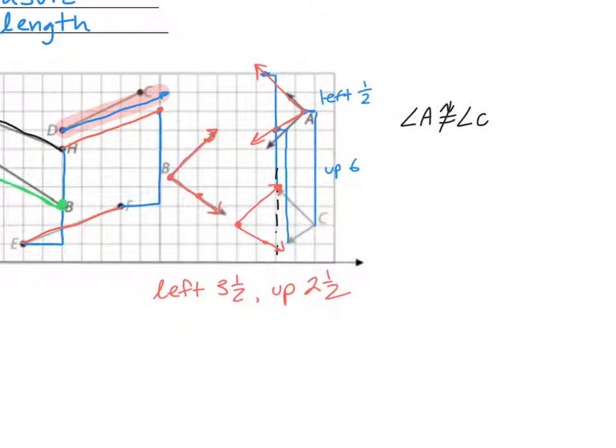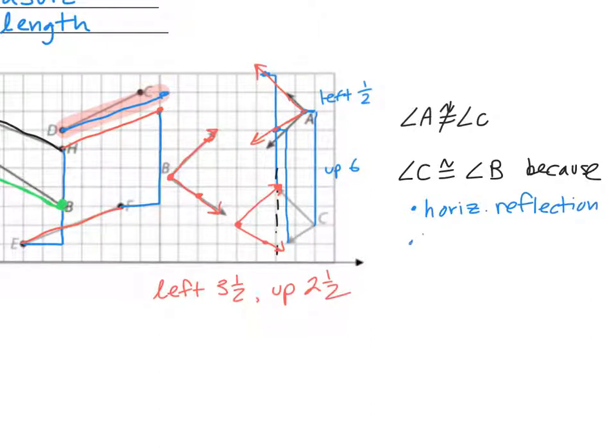So here, we can say that angle C is congruent to angle B, and then we have to state our reasoning. So we can say because the first thing we did was a horizontal reflection, and then we did a translation left 3.5, up 2.5.